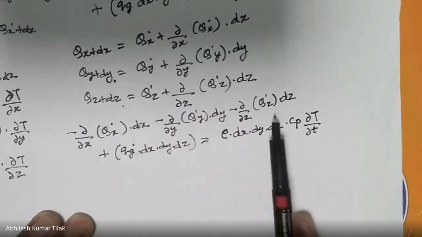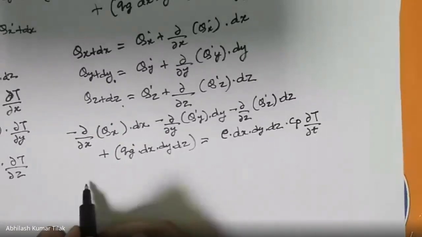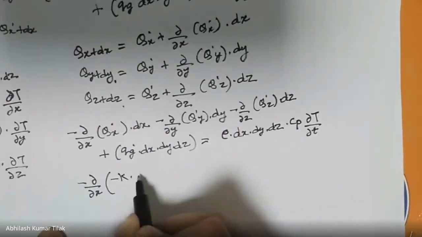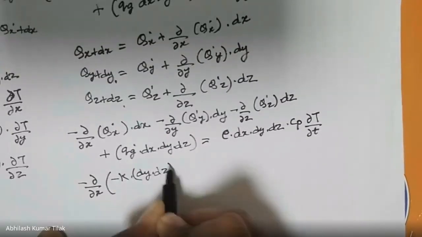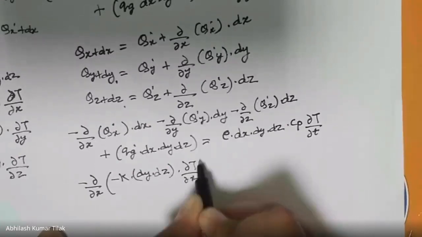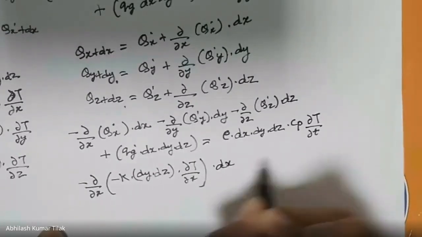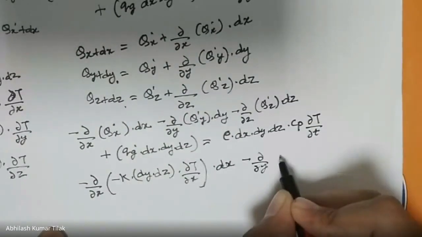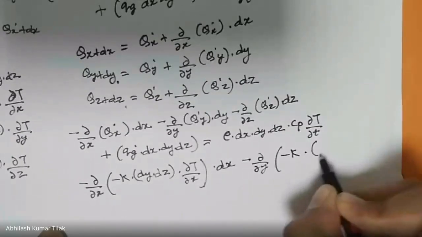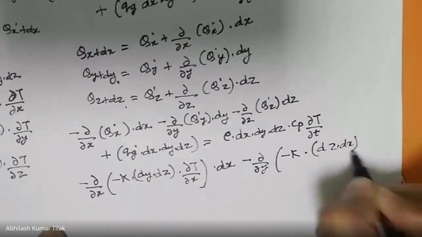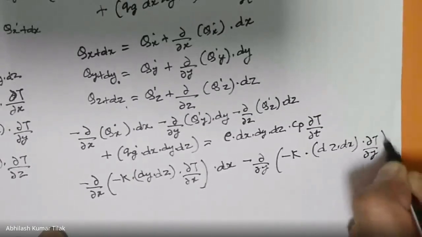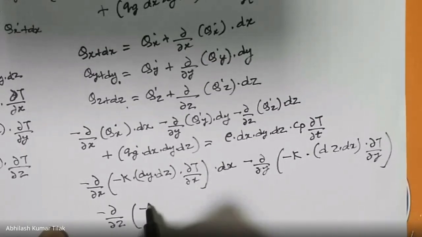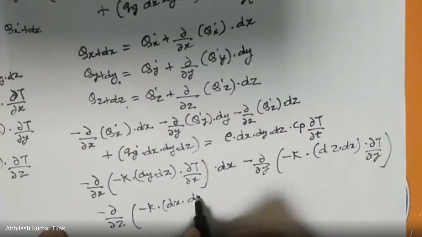So you can write from here as minus dou by dou x of minus k dy into dz into dou t by dou x into dx, minus dou by dou y into minus of k into dz into dx into dou t by dou y, minus dou by dou z of minus k into dx into dy.